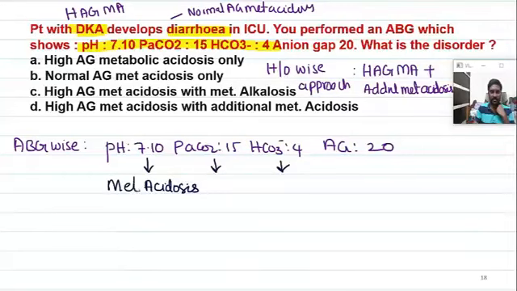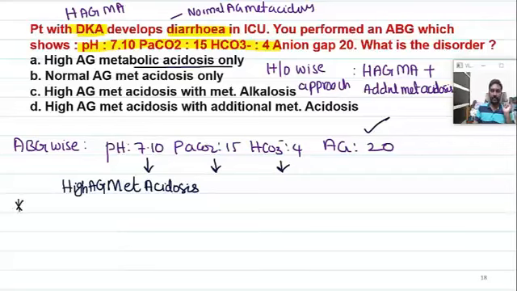So what should be the name? Metabolic acidosis. And anion gap has increased. So this is high anion gap metabolic acidosis. So if you don't know the concept of comparing the change in bicarbonate and change in anion gap, majority will mark high anion gap metabolic acidosis only.